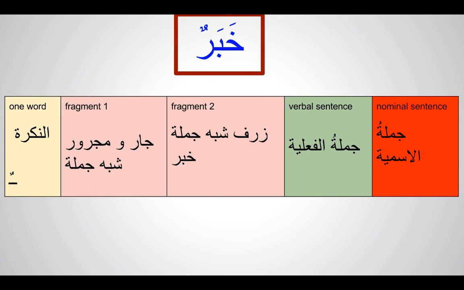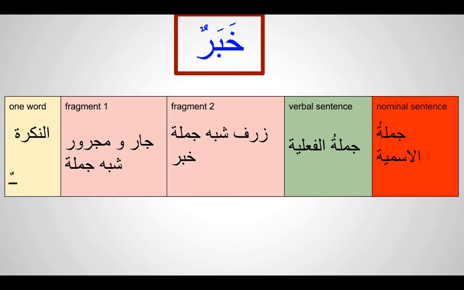We have done that khabar can be one word, hada kitabun. And when it is one word, 99% of the time it is indefinite and it will have double dhamma. That is the sign of khabar, and it is indefinite. And we learned about jar majroor, shibu jumla khabar, where a khabar can be a combination of harf jar and ism majroor.